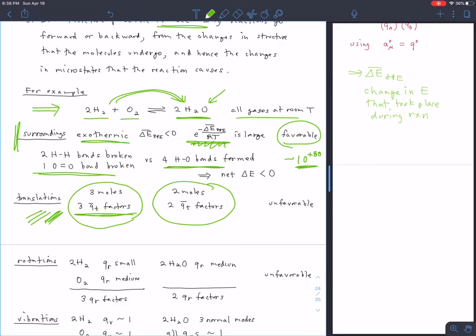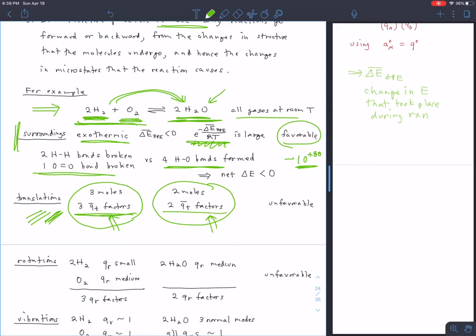I've got 2 translational partition functions for the H2, and another one for the O2, and then I've got 2 translational partition functions for the H2Os as well. That means there's more translational microstates on the reactant side than on the product side.